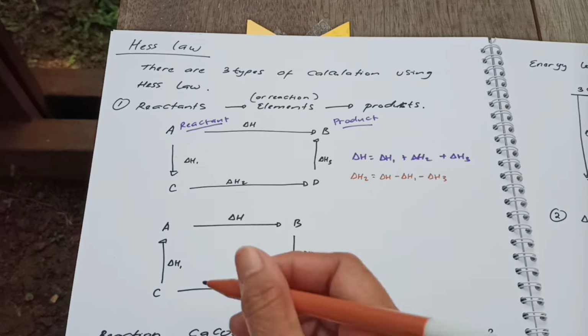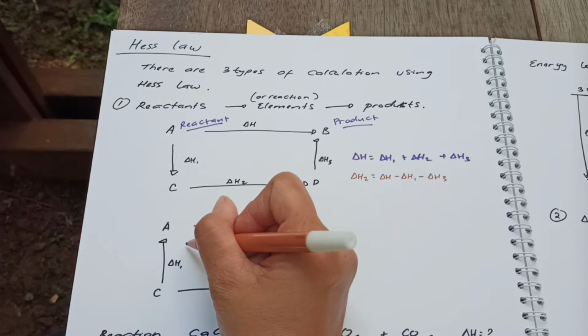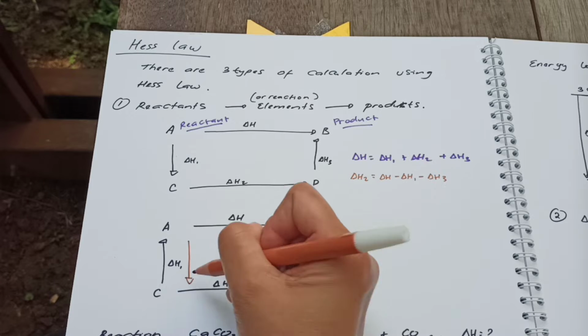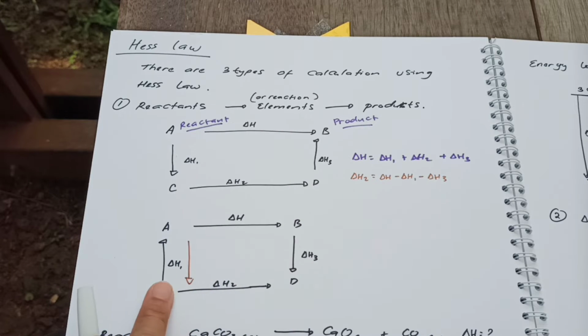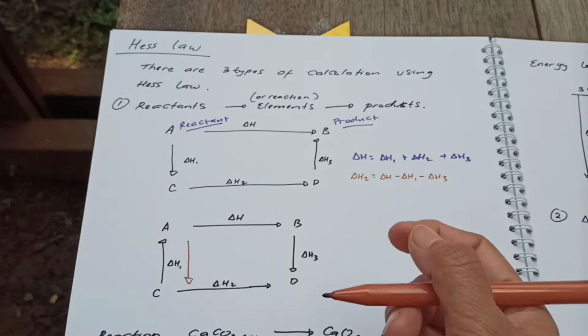So if it's like this one, you need to turn the arrow to the right path. So wherever you have minus or plus, you have to do the reverse one.